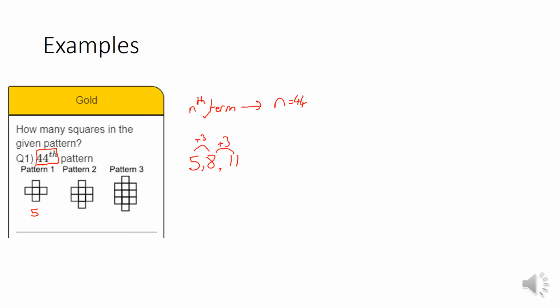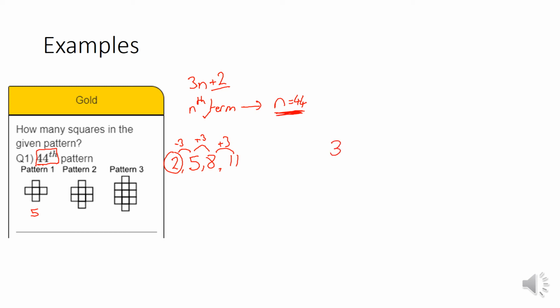So that tells us our nth term is going to start 3n. And then to work out the extra part of the nth term, we need to work out the 0th term. So we go backwards, so we do the opposite of minus 3 to get 2. So it's going to be 3n plus 2. And now we're looking for the 44th term.